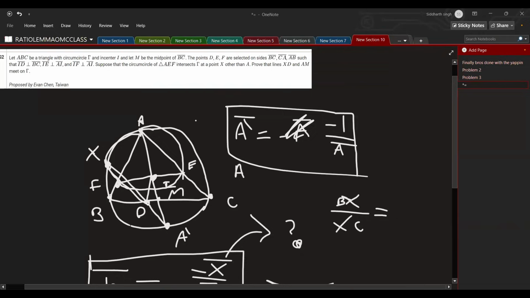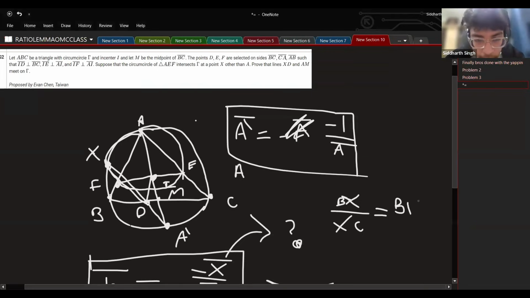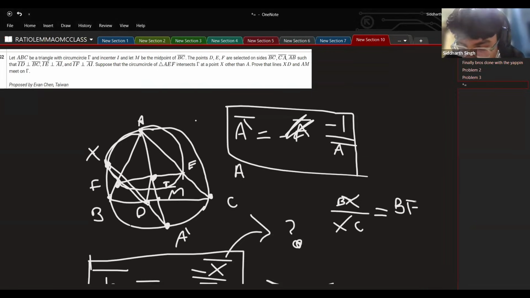Okay, so that proves it. Nice. But why does this help? This helps because we can define F and E in terms of ratios. Since this is 90 degrees, we know AI, so we can find AF and AE, and AB and AC are known.